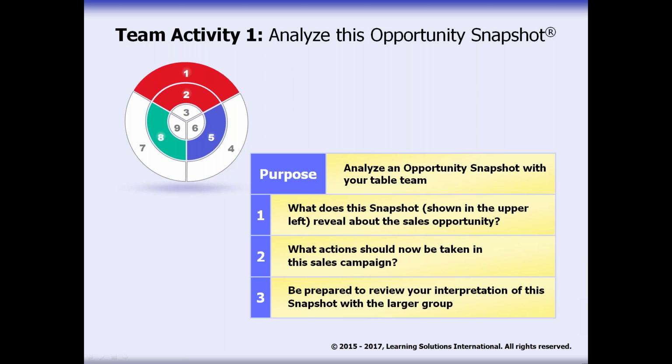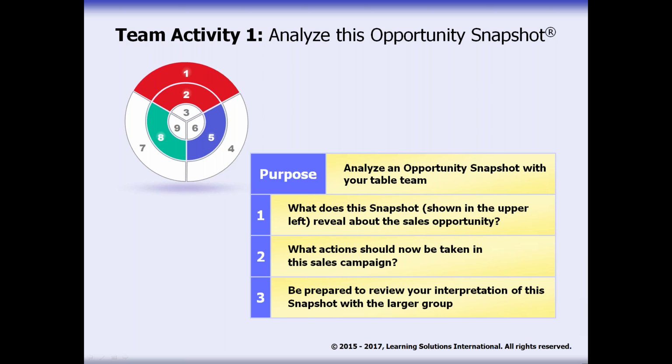Well, you could look at this snapshot and very quickly determine the following. First of all, we're probably at the beginning of a sales campaign. While it looks like the client has identified a business initiative associated with this project or application, criteria number 1, and has the ability to fund the project, there's no driving reason to change, no compelling reason to act.